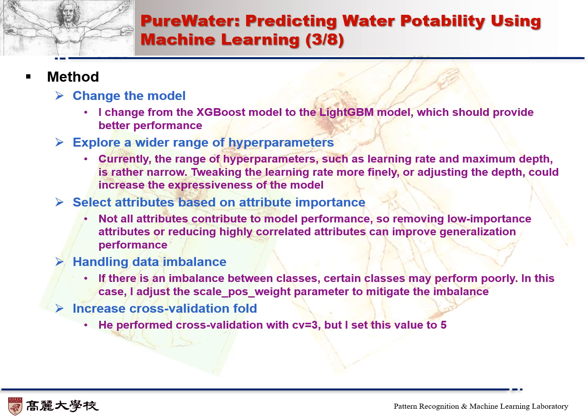If there is an imbalance between classes, certain classes may perform poorly. In this case, adjust the scale_pos_weight parameter to balance the imbalance. Last, increase cross-validation folds. He performed cross-validation with CV equals 3, but I set this value to 5.